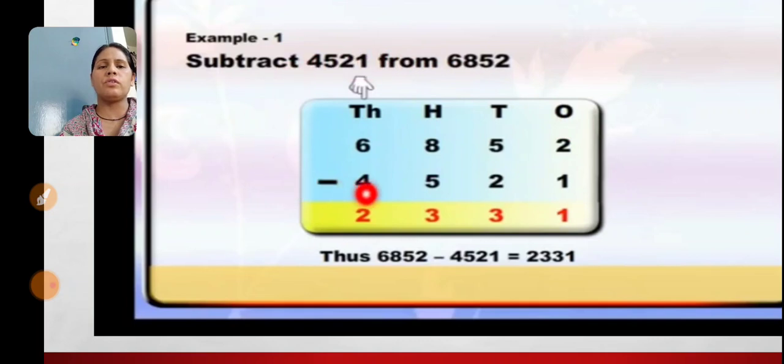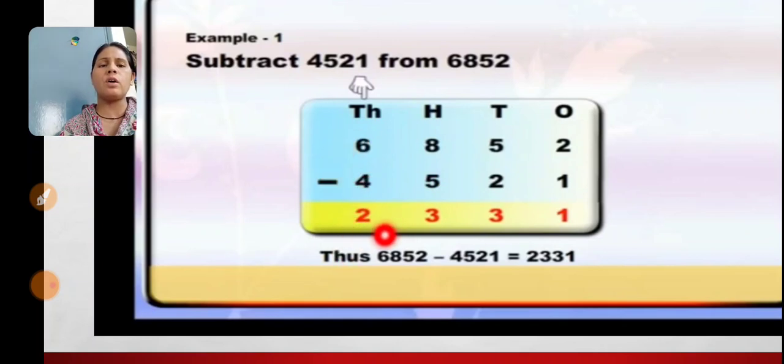Now let us start subtracting. Always start subtraction from the ones column. 2 minus 1 is equal to 1. Now subtract tens. 5 minus 2 is equal to 3. Now subtract hundreds. 8 minus 5 is equal to 3. Now subtract thousands. 6 minus 4 is equal to 2.